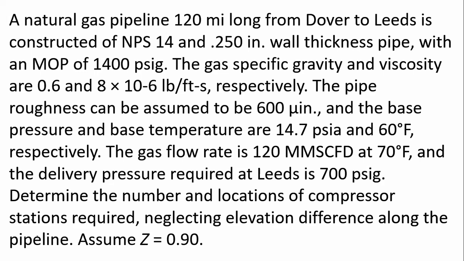The gas flow rate is 120 million standard cubic feet per day at 70 degrees Fahrenheit, and the delivery pressure required at Leeds is 700 psi. Determine the number and locations of compressor stations required, neglecting elevation difference along the pipeline, assuming compressibility factor Z is equal to 0.9.